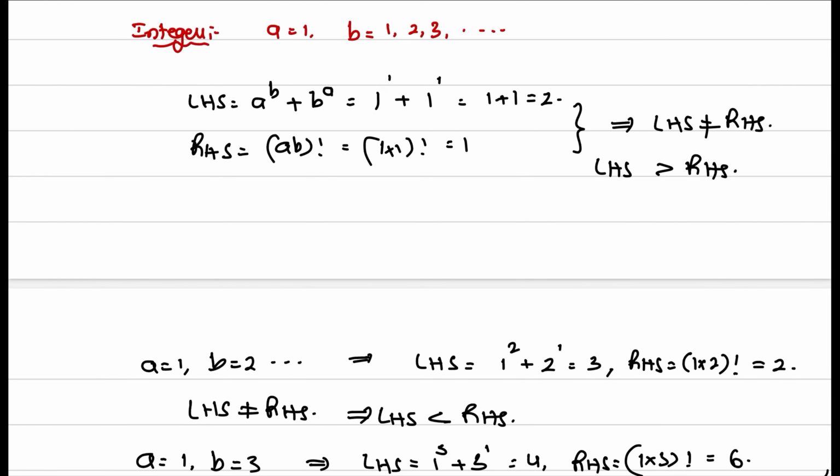When a is equal to 1, b is equal to 2, left hand side is greater than right hand side.